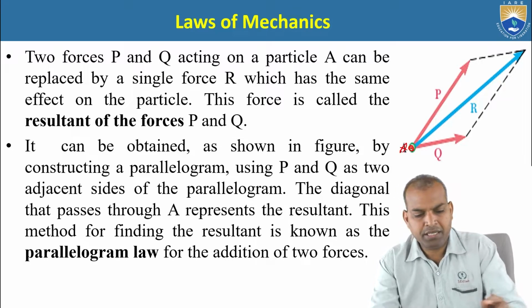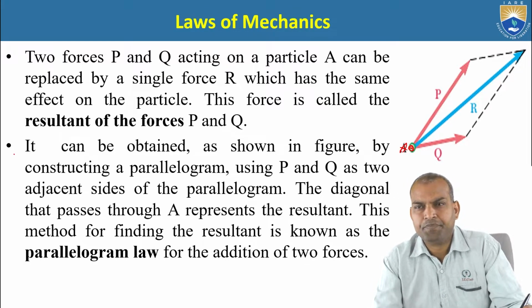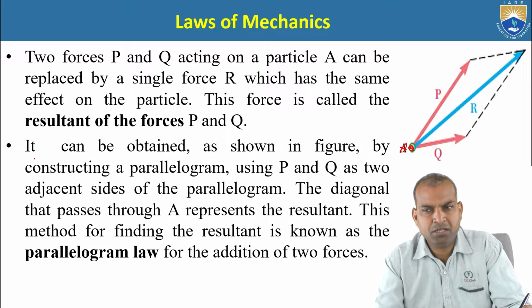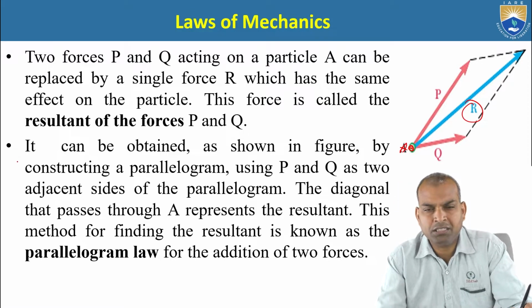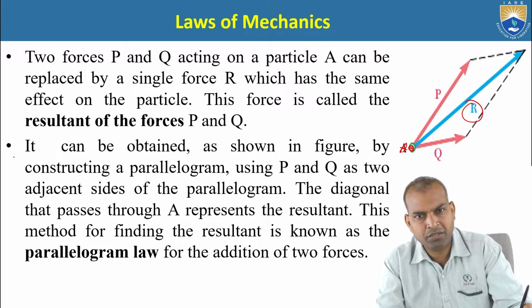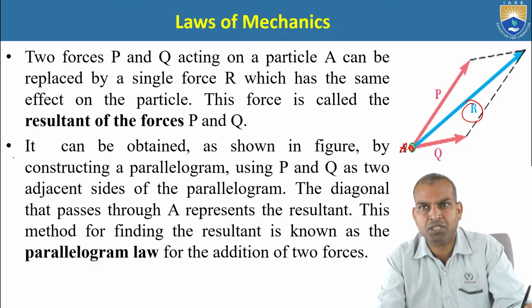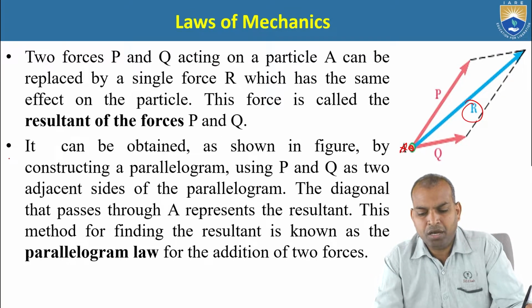The effect of the forces P and Q on particle A is equal to the effect of a single force R. This R is known as the resultant of the forces P and Q. Now here, how to find out this resultant force?